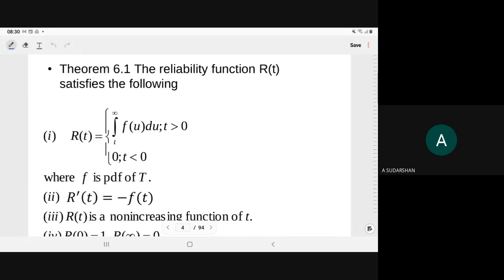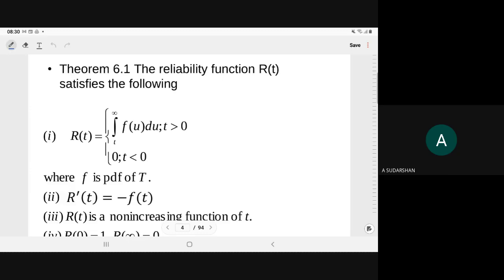We are living in the world of IoT, the internet of things, so the whole system, the whole network must be reliable, and then only we can perform well. From that point of view, reliability is very important.